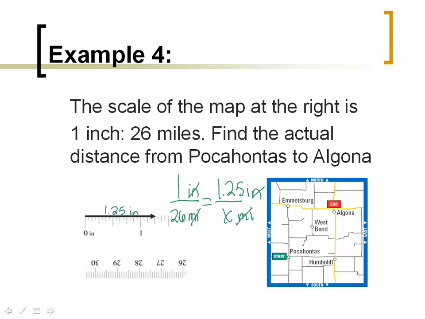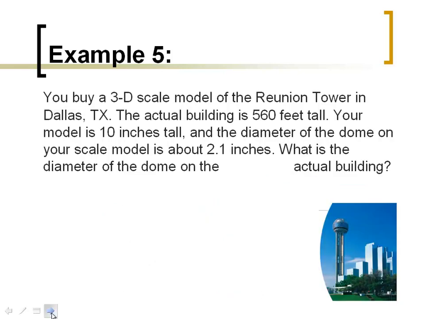Let's use the cross products property here. 26 times 1.25 equals 1 times x. Well, 1 times x is just x. So 26 times 1.25 is 32 5/10. And our units there is miles. Okay, so 32 5/10 miles.